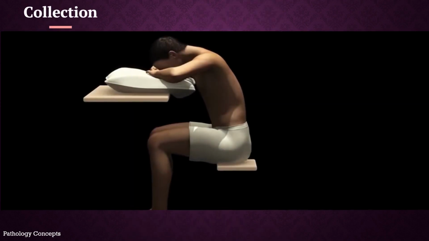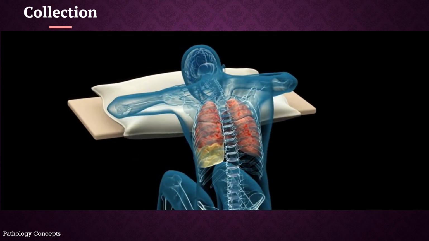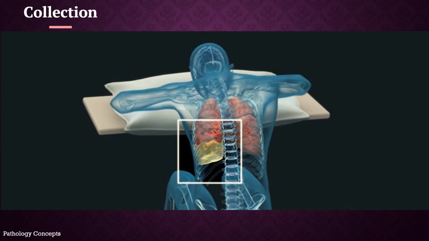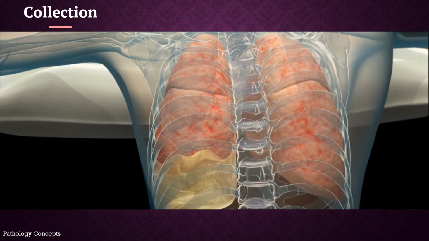Now let's learn the collection of fluid. Thoracocentesis is a procedure that is performed to remove fluid or air from the thoracic cavity for diagnostic and/or therapeutic purposes. It is done in either supine or sitting position depending on the patient's comfort, underlying condition and clinical indication.